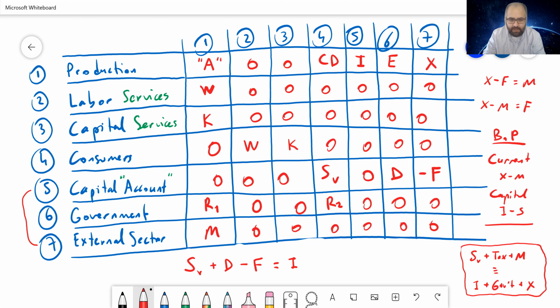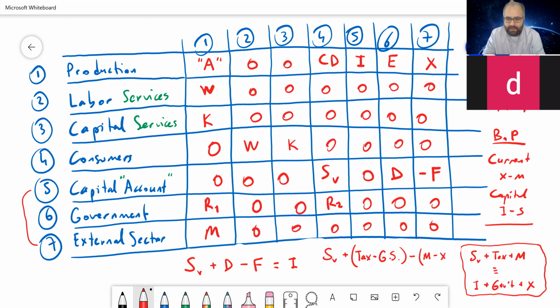In other words, you can write it in this way. So you have saving here, right? Plus this is the budget. So this is tax minus government spending, right? And this is minus F. Minus F means M minus X, right?